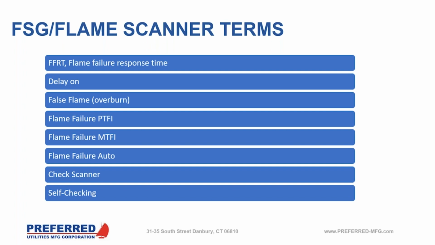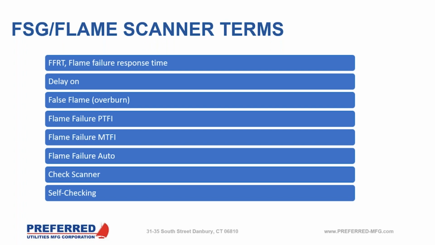Now, if we have a flame failure MTFI, what that's telling us is that we basically have a flame failure during the main trial for ignition period. Now, in most flame safeguard applications, the PTFI time could be 5 seconds or 10 seconds as a rule.